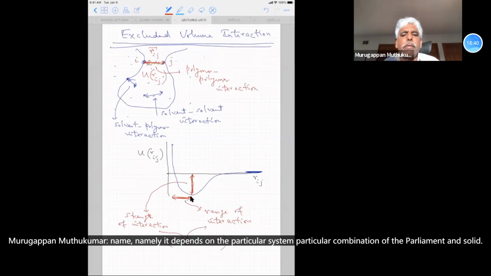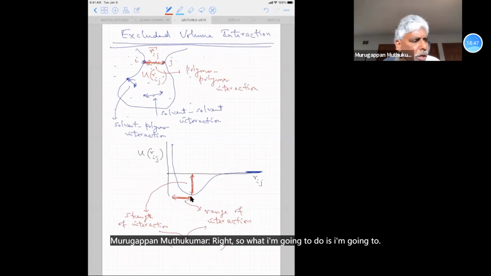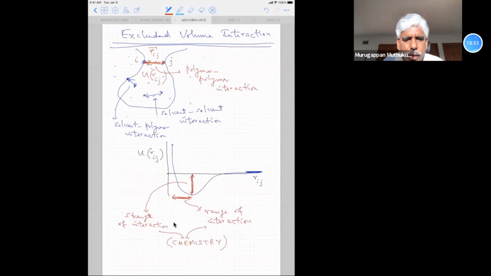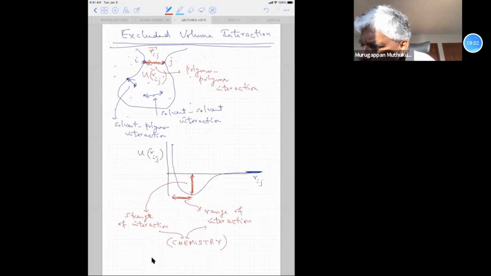Namely, it depends on the particular system, the particular combination of polymer and solvent, right? So what I'm going to do is parameterize this chemistry in terms of what is called the excluded volume parameter.